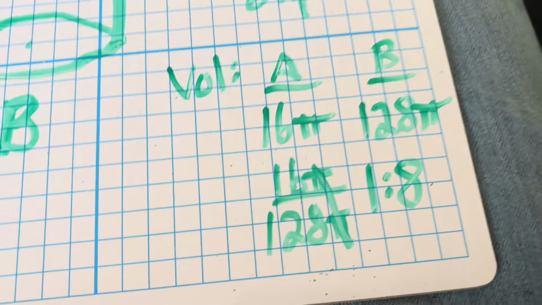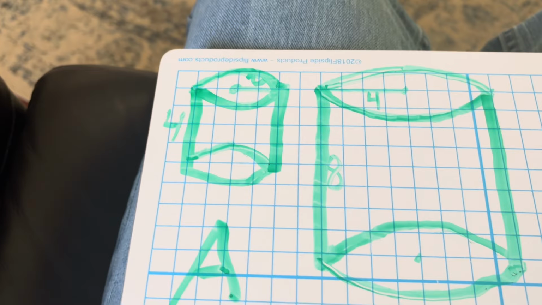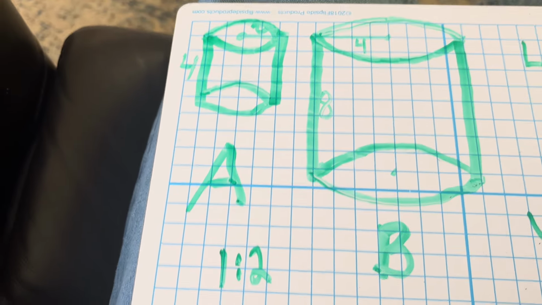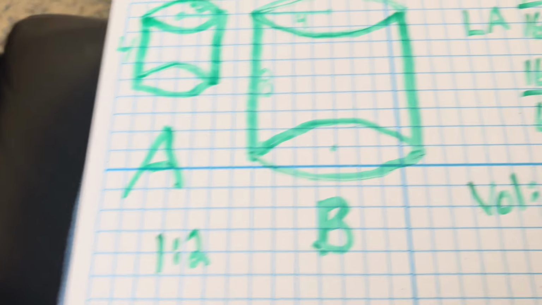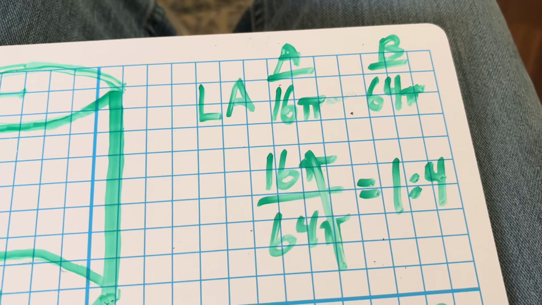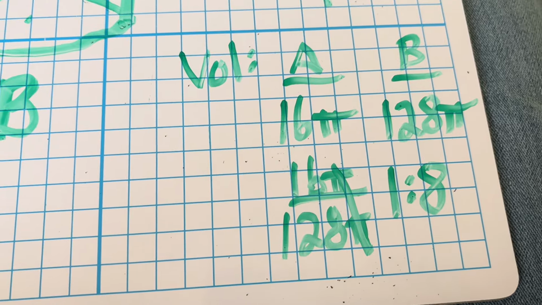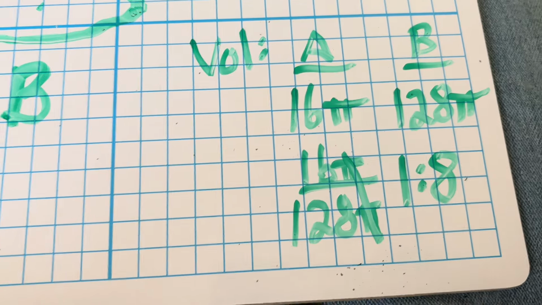So we can see that while the linear measurements of cylinder A and cylinder B fall into a 1 to 2 ratio, the lateral areas of those two fall into a 1 to 4 ratio, and the volumes of those two fall into a 1 to 8.